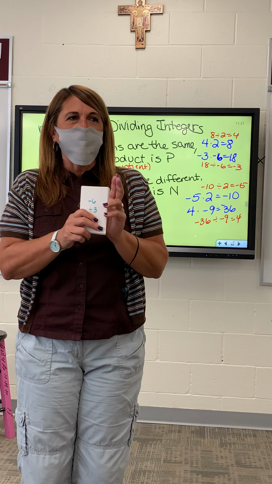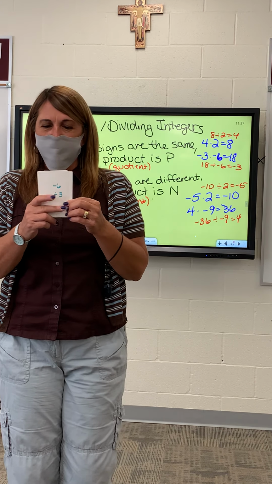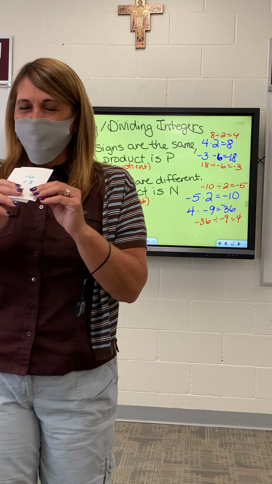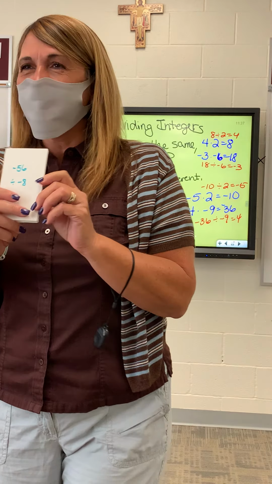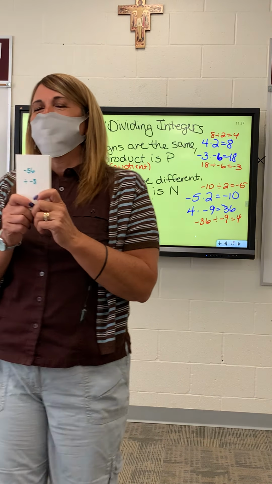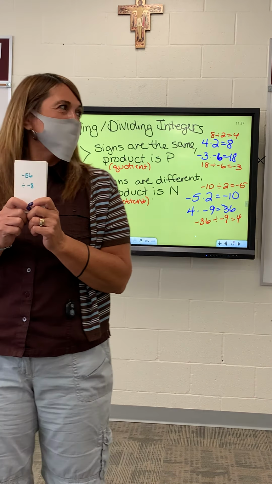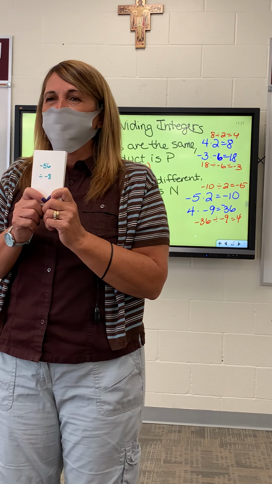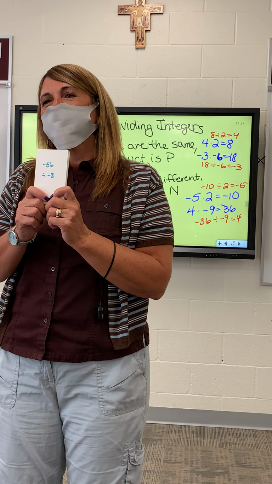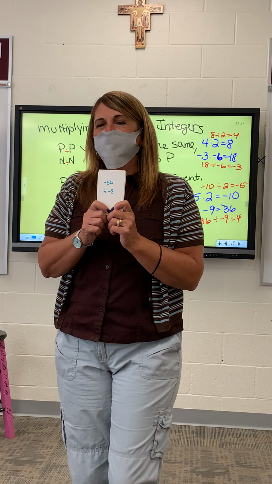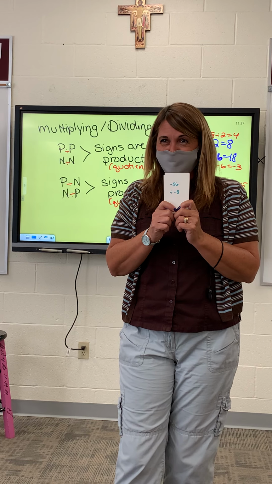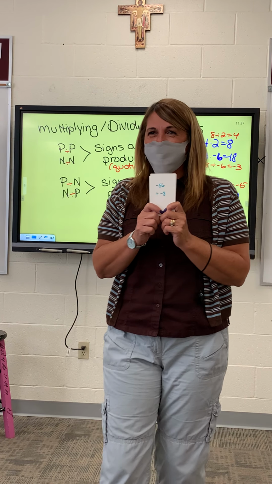Okay, I'll slow down a bit, but don't take too long. These are single digit. Kayla, negative 56 divided by negative 8. Stop and think before you answer.